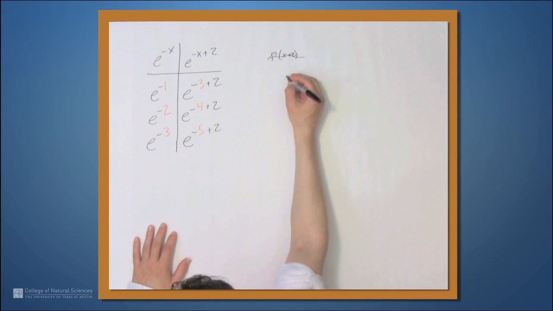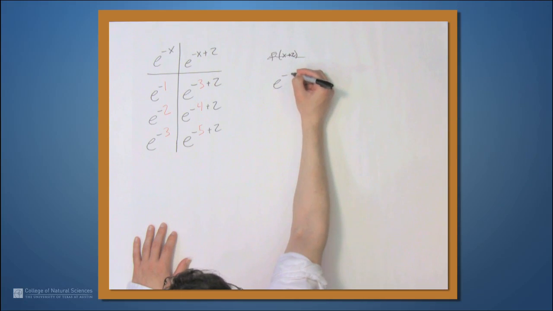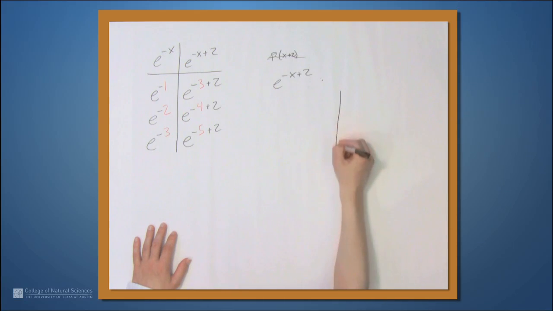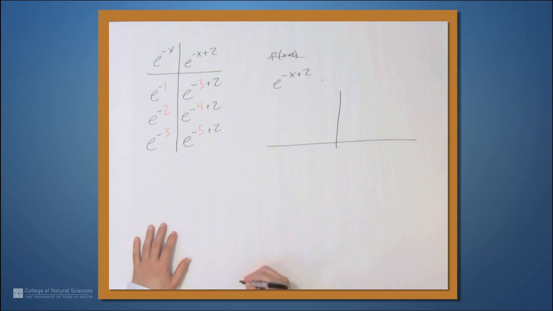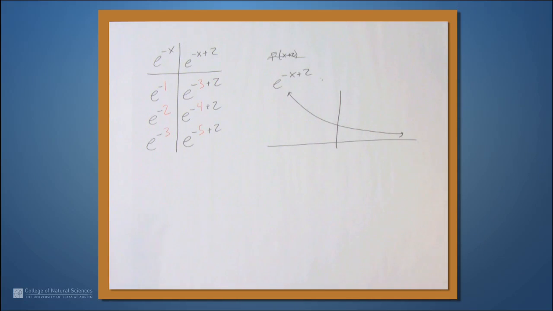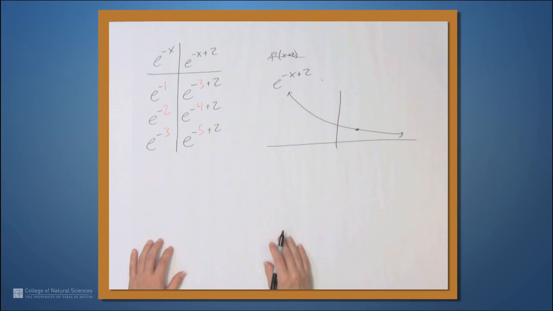So the graph becomes e to the negative x plus 2. This graph will look like this. It looks exactly the same, right? So here, the only thing that we change are the labels. We usually don't have to label this point, but it's worth thinking of.